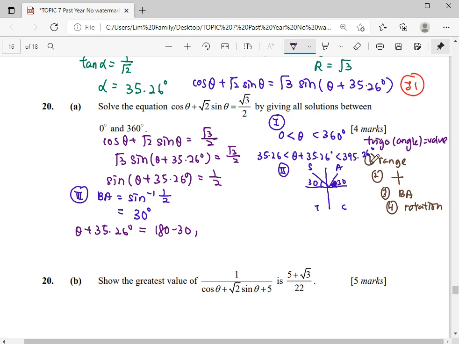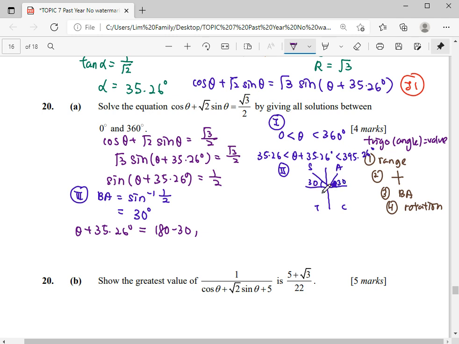Then continue the rotation. If I want to go for quadrant 3, we don't have any solution here. Quadrant 4, also I don't have any solution here. Then we revisit after one round. After one round means I already have 360. Can I go for a second round or not? Can. You can see my range here is up to 395.